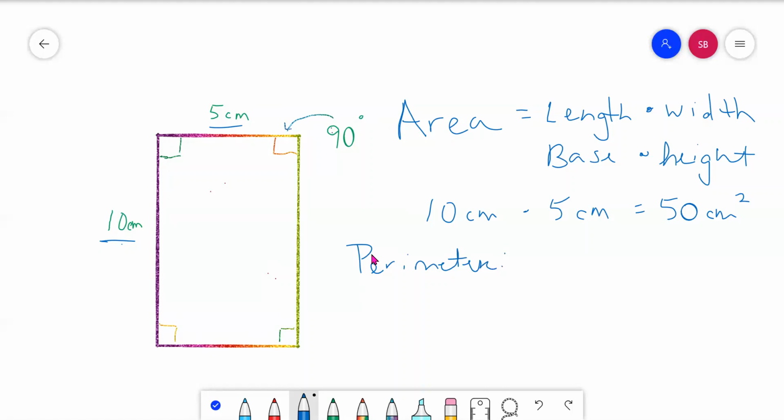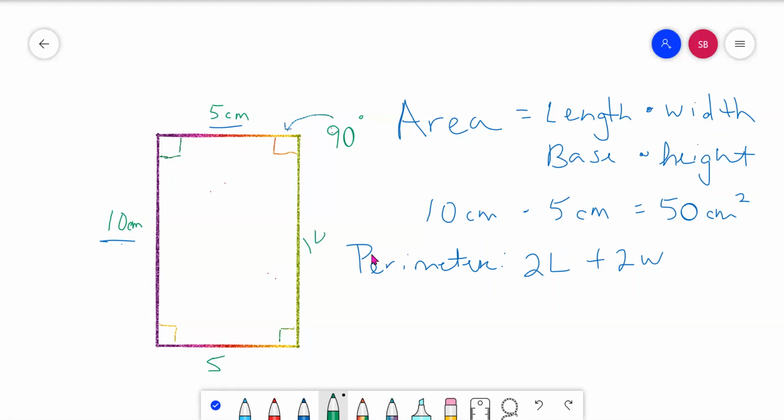you are going to use this formula. Perimeter is 2 times the length plus 2 times the width. Now, if it were me, because I think it's quicker, especially with smaller numbers, I would just add them.